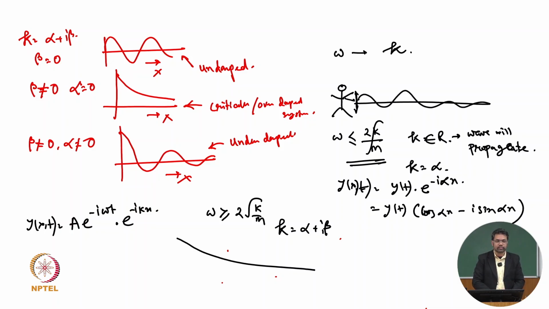Yes or no? The question is very simple. We assumed that the wave will propagate, and we found that the wave is not propagating. Does my first equation, what I assumed, still hold, or do we need to modify it? That's the only question.